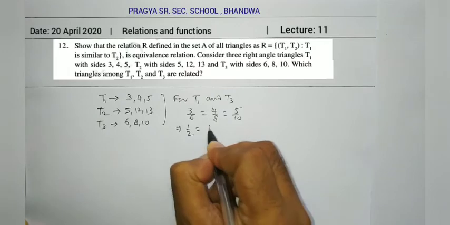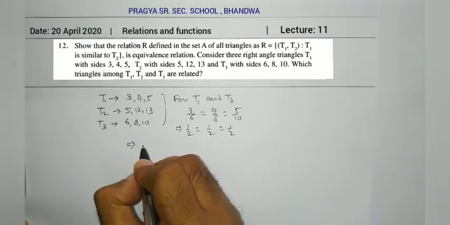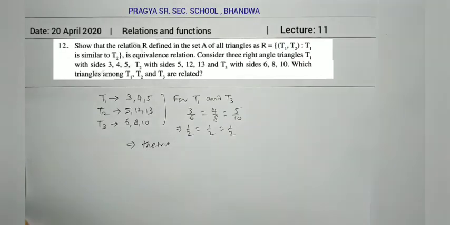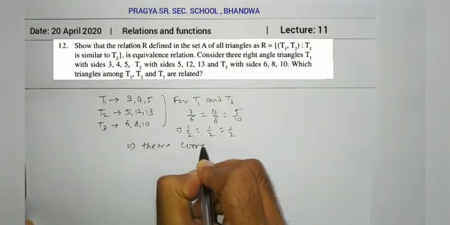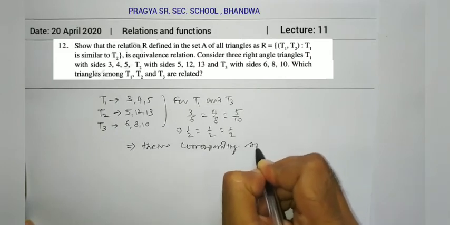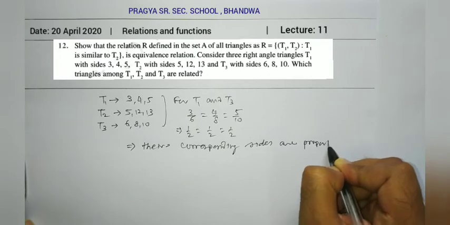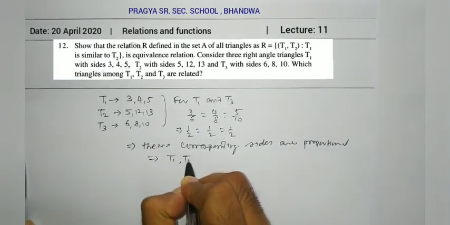Okay, half, half, half. So what we can say, their corresponding sides are proportional, implies T1, T3 are similar.